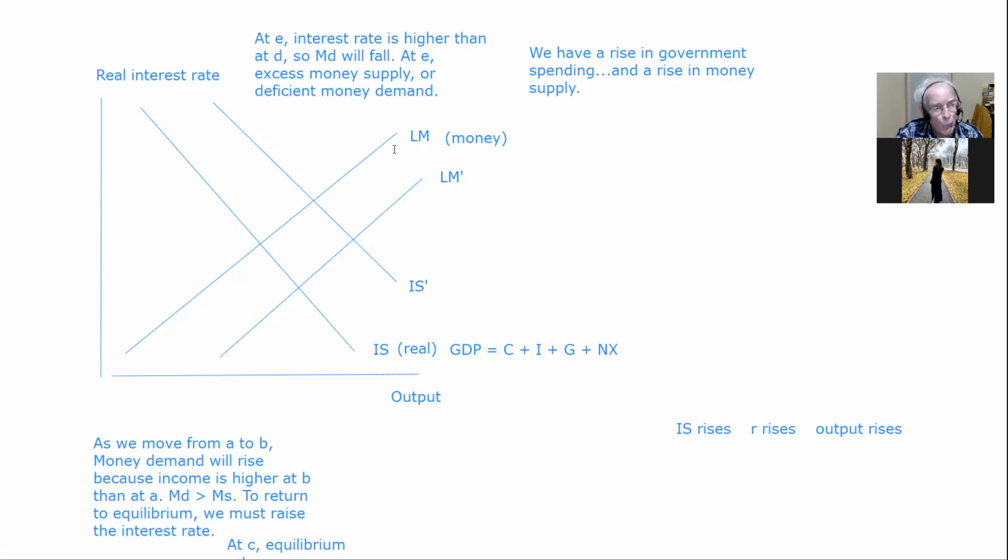Okay, so if we ignore IS for a minute, what is the consequence of our increase in money supply? So let's think about it in terms of LM right here. If we are going from A to B, output rises and the real interest rate will fall.